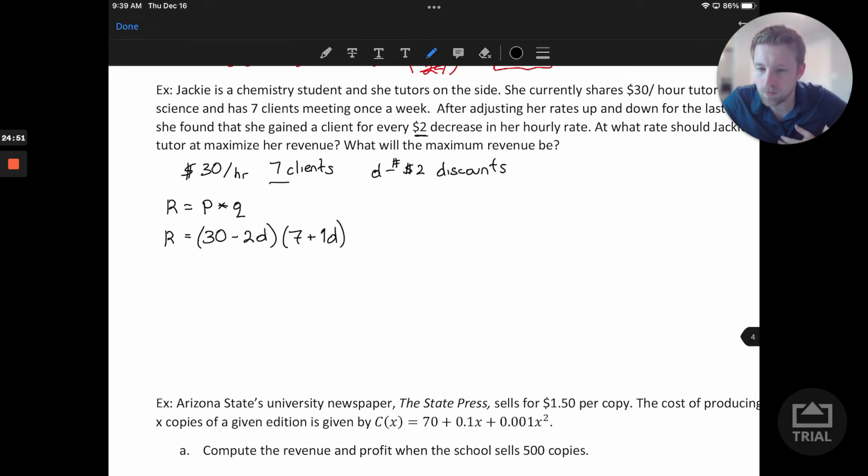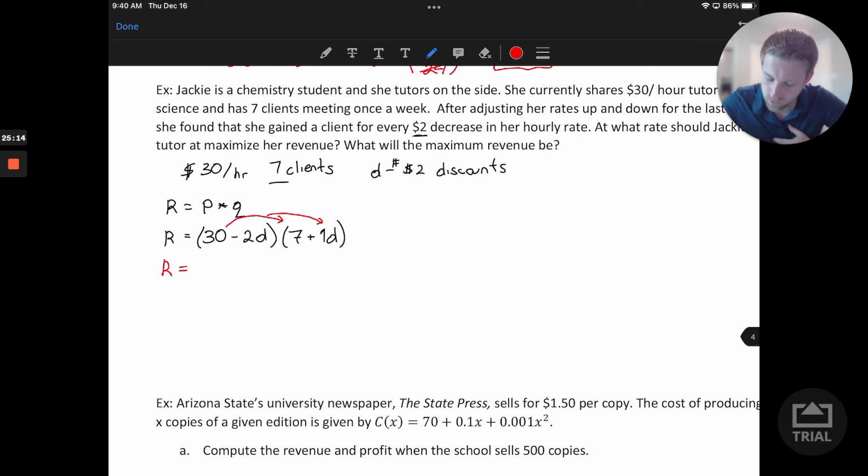So this revenue function here is actually a function of the number of discounts. So let's go ahead and multiply through with this and get a nice equation for revenue, and then we'll see if we can go ahead and maximize that. So doing a little bit of foiling here, we can go ahead and try getting our revenue function.